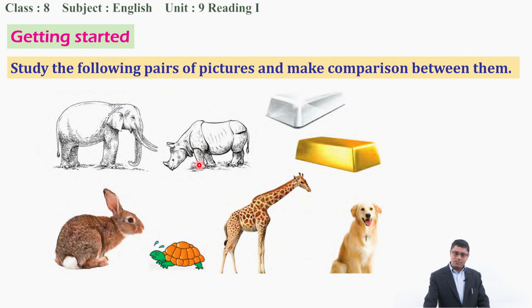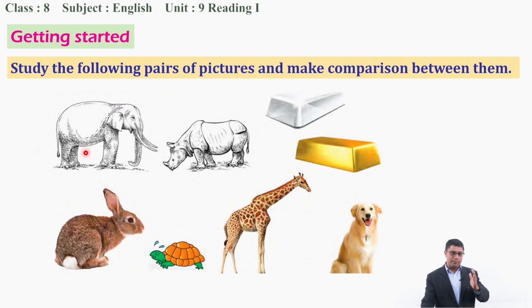Okay, what next? Very good. Silver and gold. That's good. What next? See here? Okay, here a rabbit and a tortoise. Very good. This also make one pair. And the final one? Okay, that's good. Giraffe and the dog.